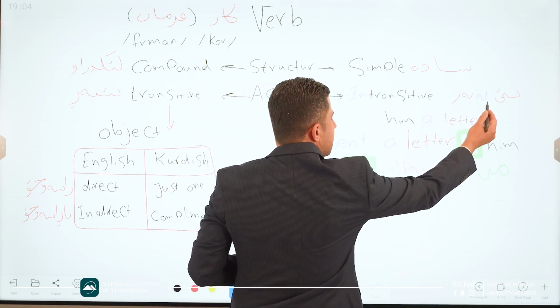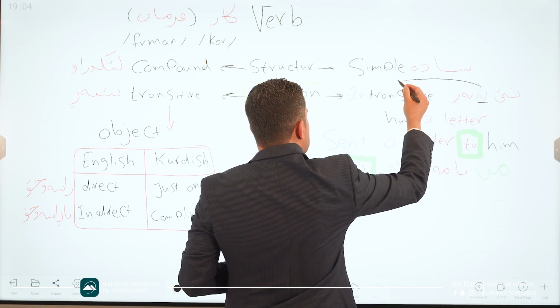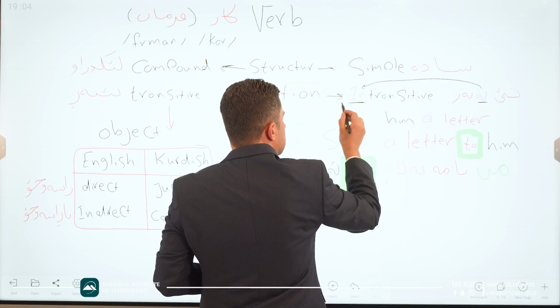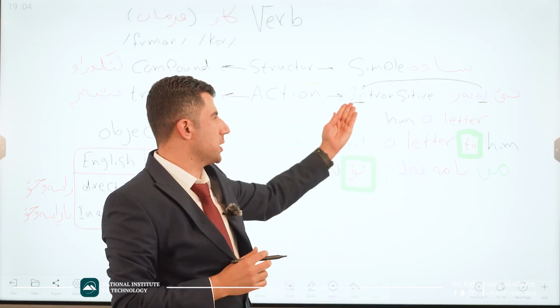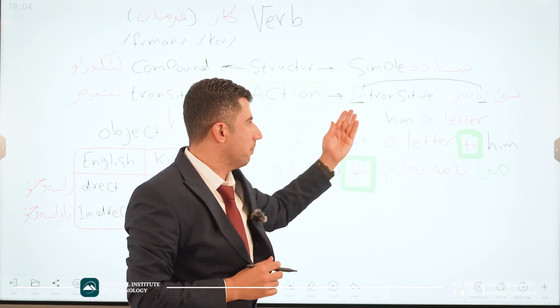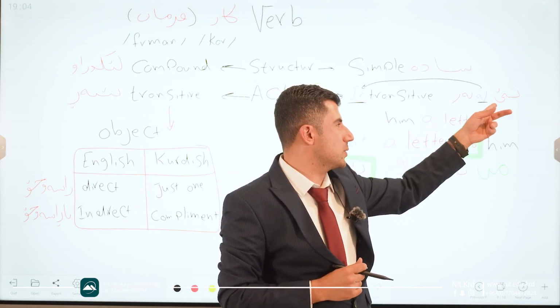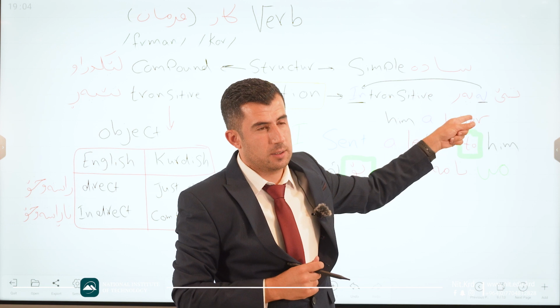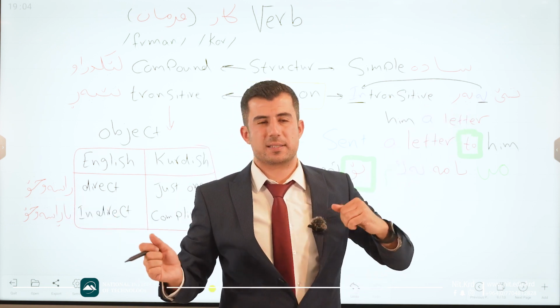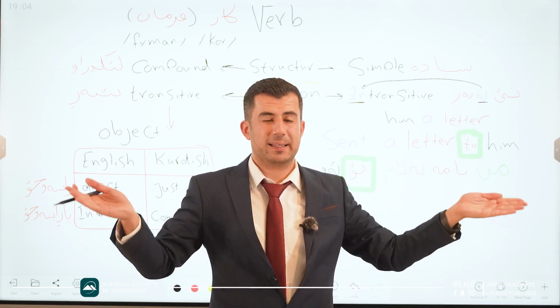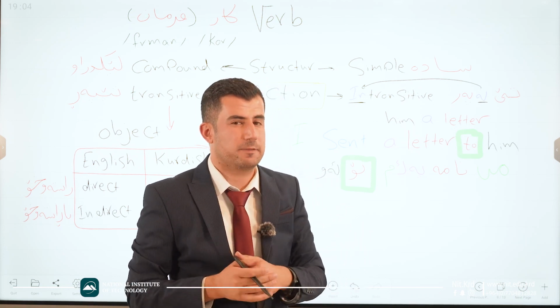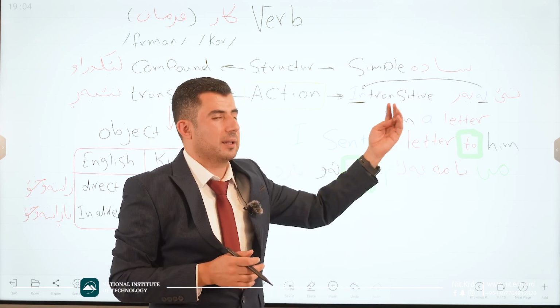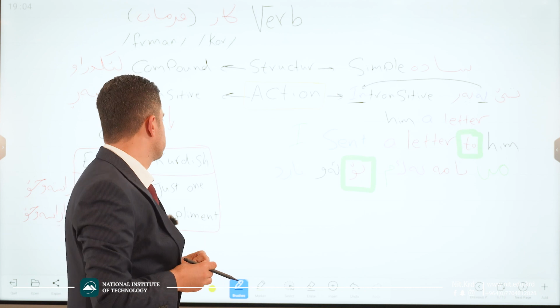We use this na for making negative. In English, we use this prefix, but in Kurdish, we use this infix. In English, we have prefixes and suffixes, but in Kurdish also we have infixes, for example, making negative. Good.